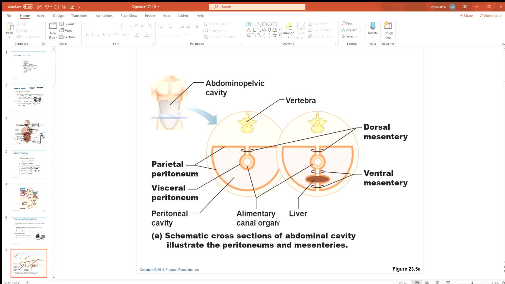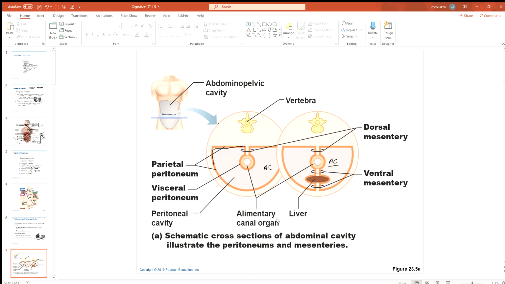Now you see, this is the abdominal cavity, and this is a section at the upper part of the abdomen. So you see here, this is the parietal peritoneum, this one attached to the wall, right? This is the outer one.